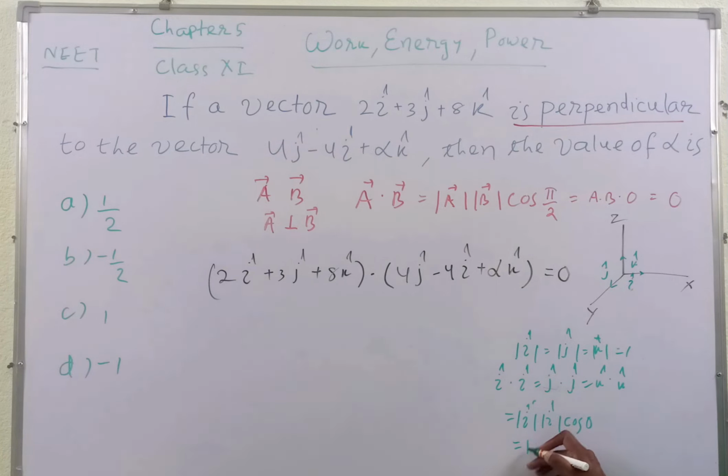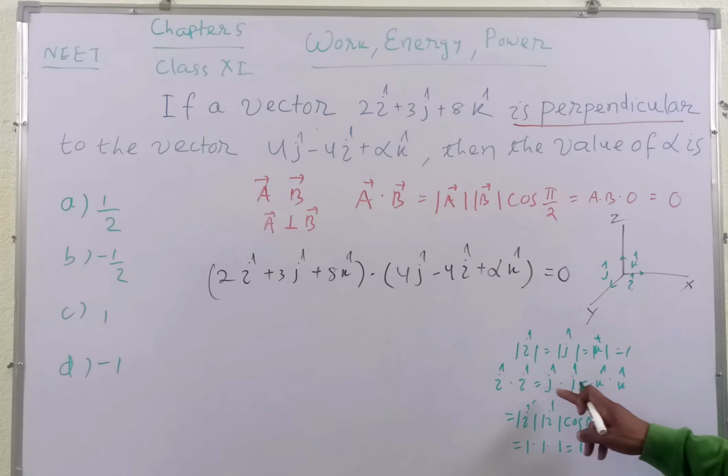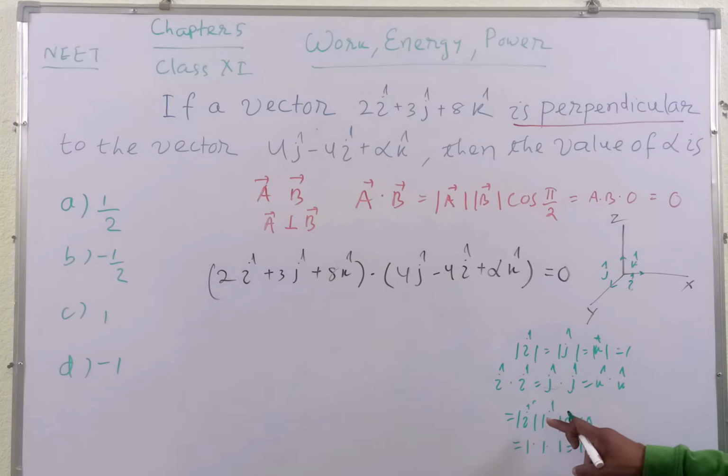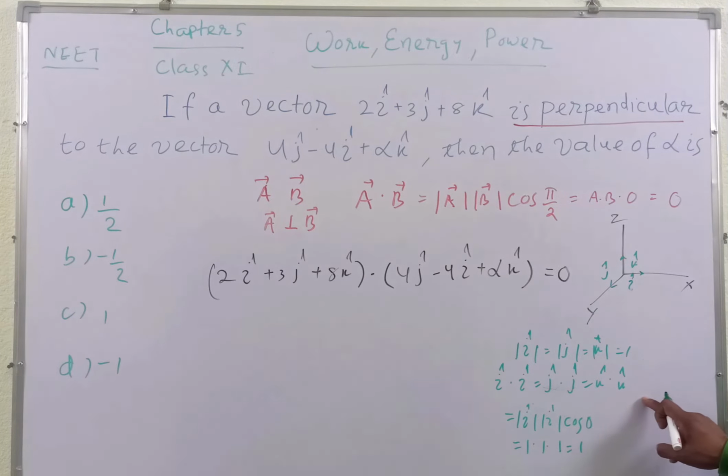So this is 1 into 1 into 1, meaning 1. The value of i dot i is equal to 1. Similarly, the value of j dot j is also mod j mod j cos 0, equal to 1. And k dot k is also mod k mod k into cos 0, so 1 into 1 into 1 is equal to 1. The values of i dot i, j dot j and k dot k are all equal to 1.